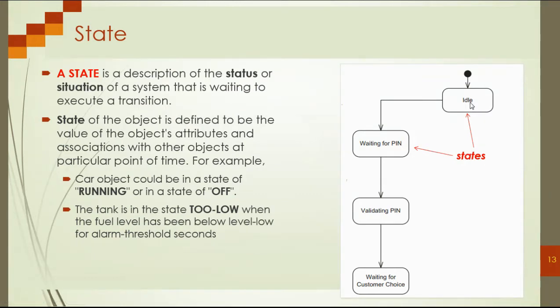Before the user inserts the card, the system will be idle, and then once the user inserts the card, the system will change its status from idle to waiting for the PIN. After receiving the PIN, the system changes its status to validate the PIN. So each of these is a state, and each of these states describes the system in a period of time.